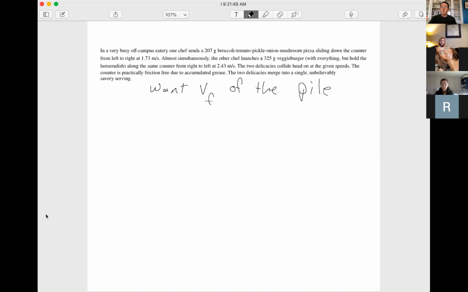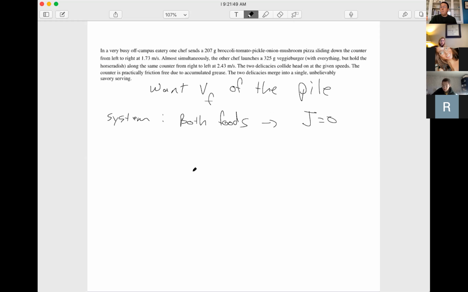Okay, so that's what we're going to do. So I make my system be both foods. So the impulse will be 0. That way I don't need to know it.